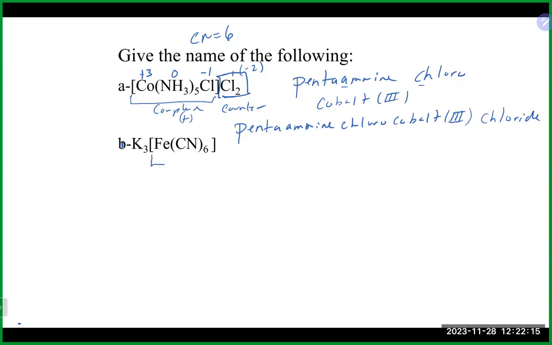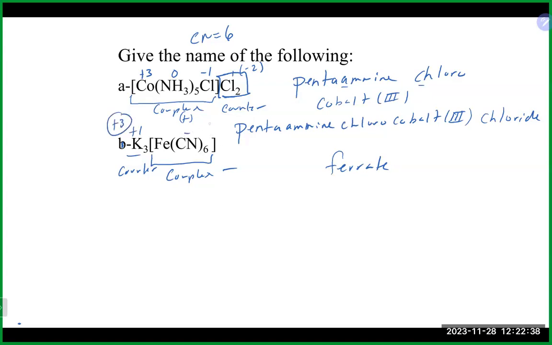Coming here, we see our complex ion and our counter ion. That means that we have a negative complex ion in this case, which means for our iron, we've got to roll with a little ferrate action, right? Our counter ion, which is potassium, group 1, is +1. There's 3 of them.